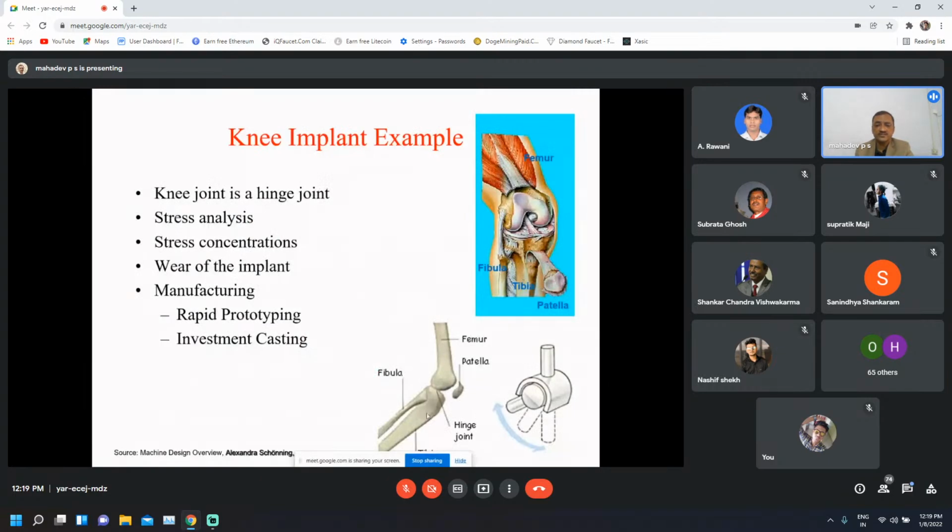So you can see it acts like a hinge joint. This is the fibula, the bottom bone, the femur, and the patella. Again you can see femur, fibula, tibia, and the patella.